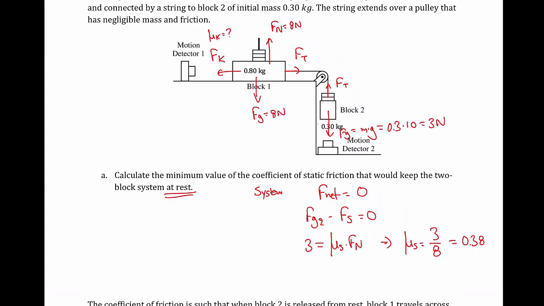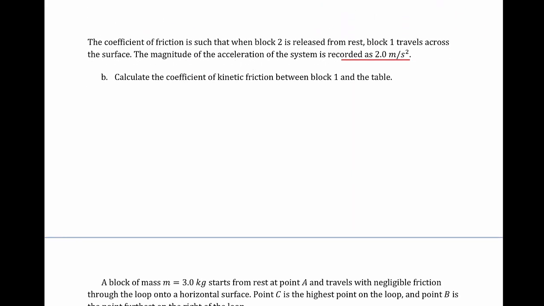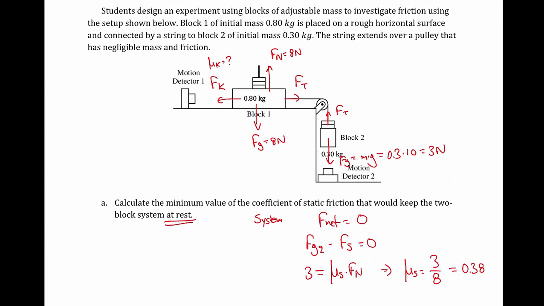But again, we have a system of two objects that is accelerating. So we will start with F net for the system is equal to m total, which is m1 plus m2, multiplied by the acceleration of the system. Again, the only forces that we will consider are the external forces, so we don't care about the tension.